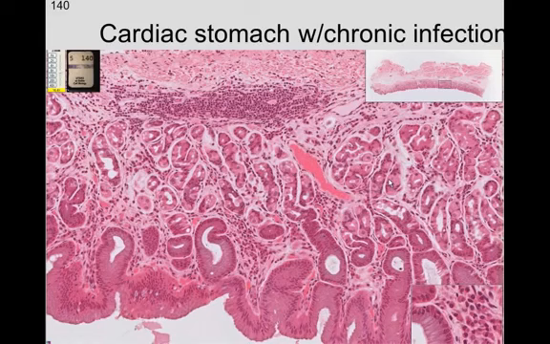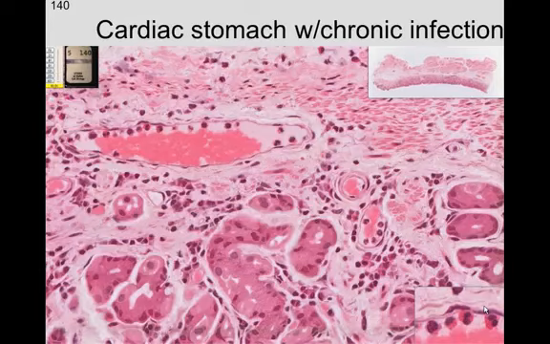If we look at a cardiac stomach with a chronic infection, we can see lots of white blood cells. Here's a higher mag of the view showing you a lot of plasma cells as well. Plasma cells will be producing antibodies, of course, helping the neutrophils eat up the cells.